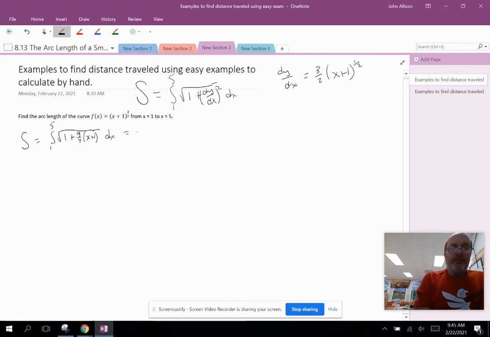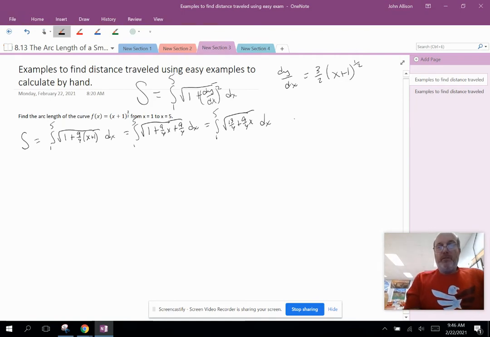Let's simplify what's underneath the square root: the integral from 1 to 5 of the square root of 1 plus 9/4 x plus 9/4, times dx. And recall 1 is 4/4, so we can call this the integral from 1 to 5 of the square root of 13/4 plus 9/4 x, all times dx.